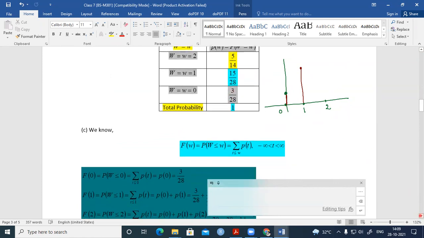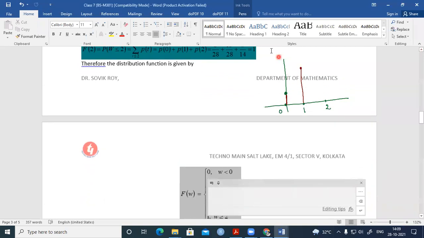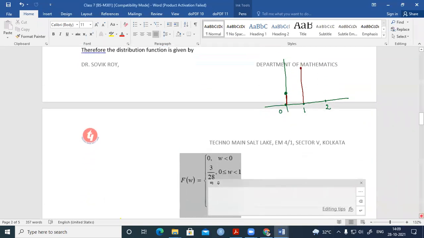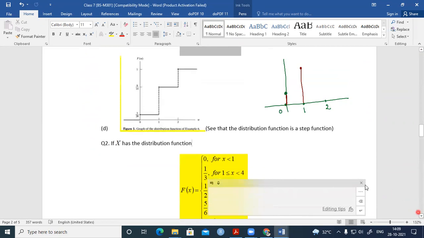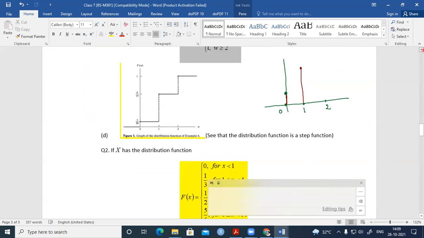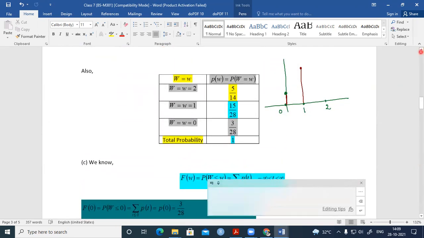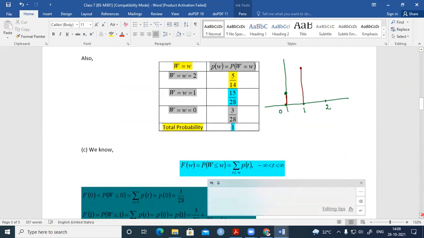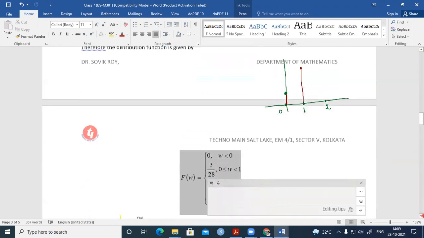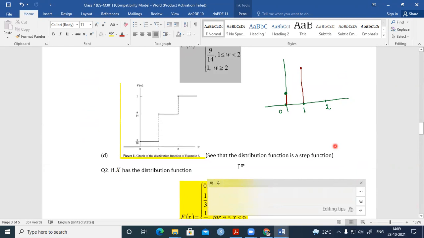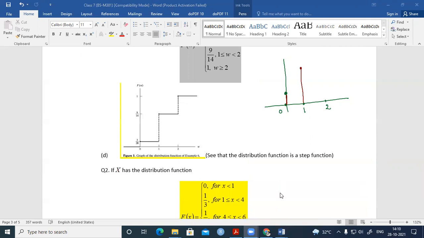Sorry, the values were 5 by 14, 15 by 28, and 3 by 28.